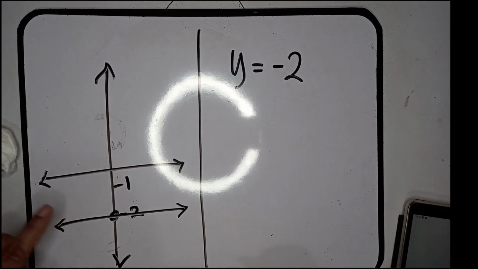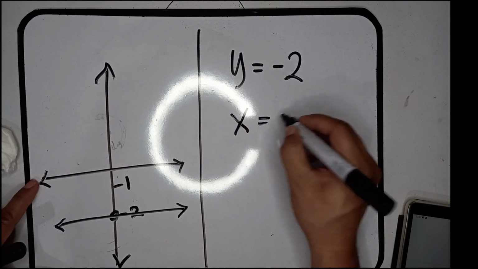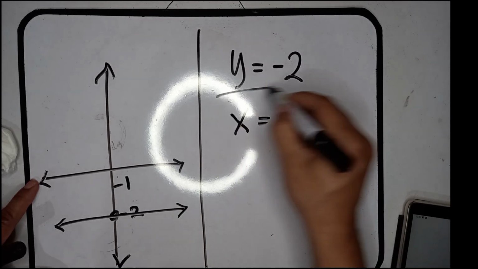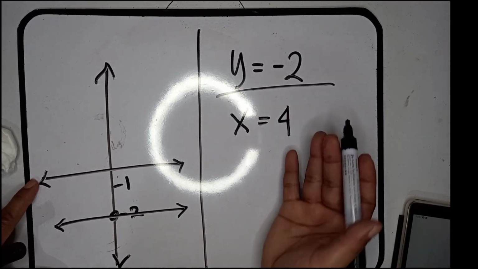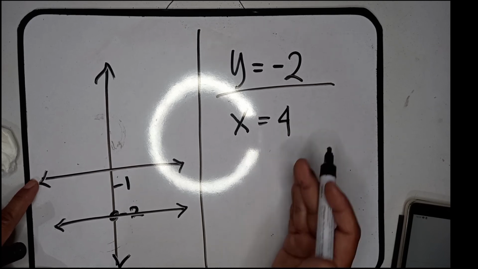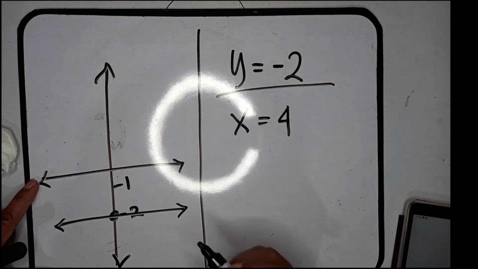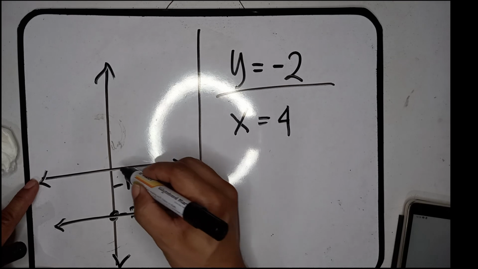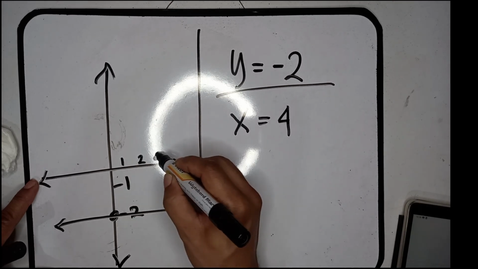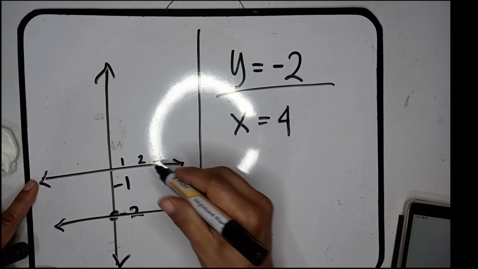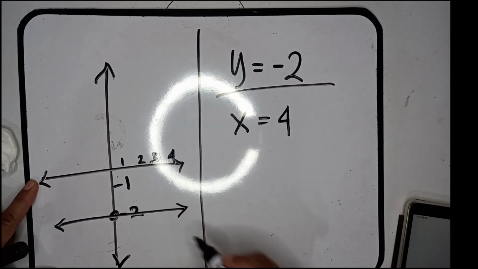Okay, let's have another example. Let's say we have x is 4 and y is missing. We did not define the value of y. What we only have here is just the value of x. So if this is the case, then just draw the numbers for your x. So 1, 2, 3, and 4.